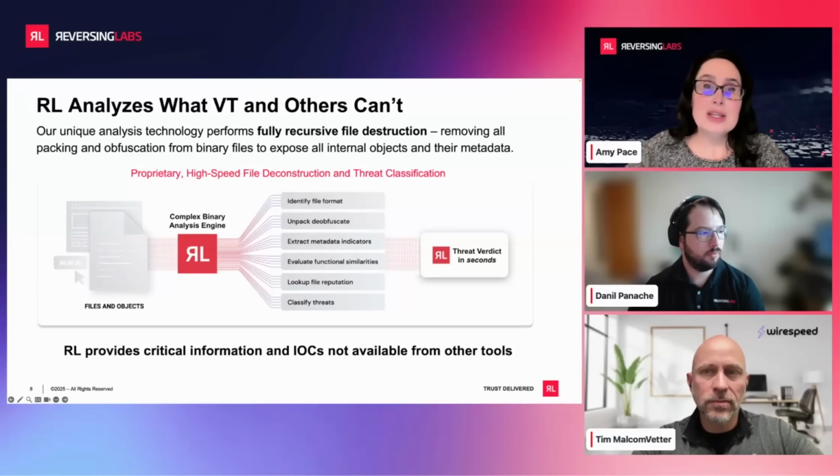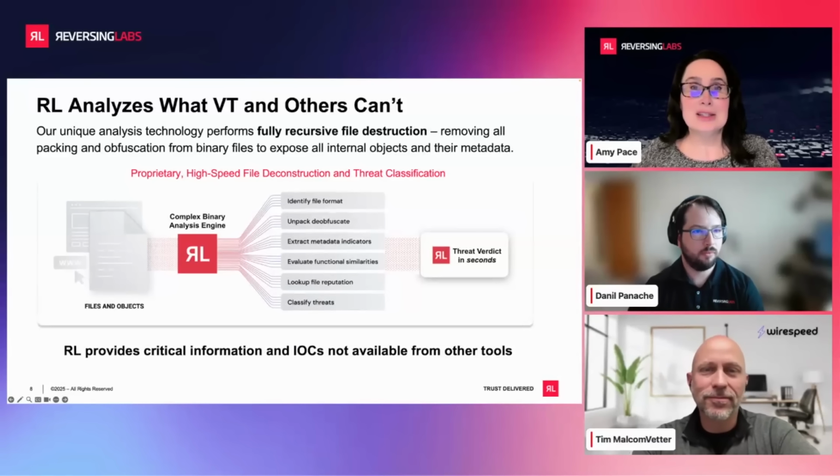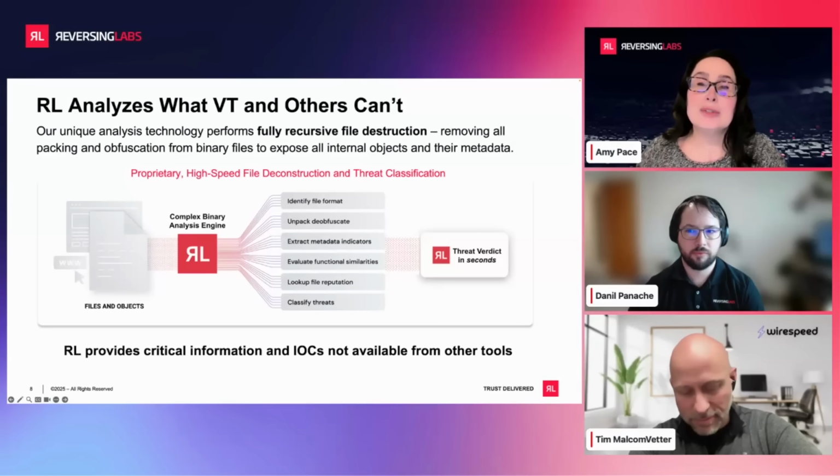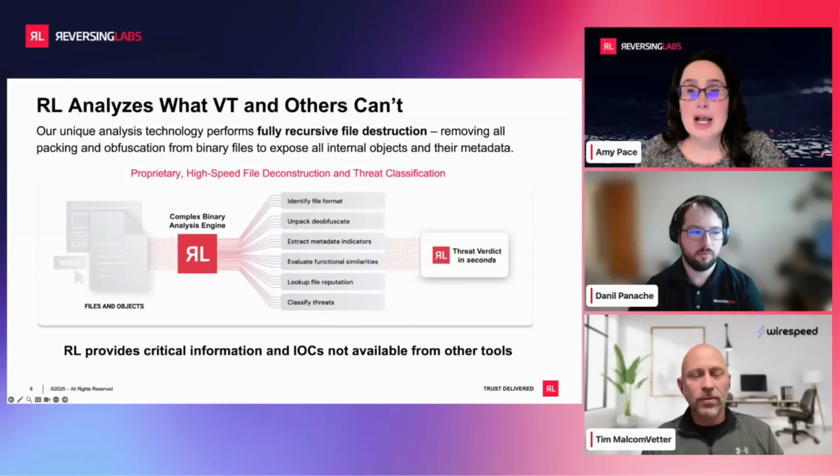What this is doing is fully recursive file deconstruction. We don't just go 5 layers deep, 15, 20 layers. We go to the base elements, to the atomic elements, to the last level, and we're able to break down that file very quickly, within seconds for most files.